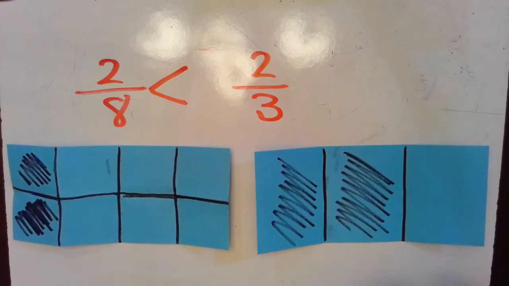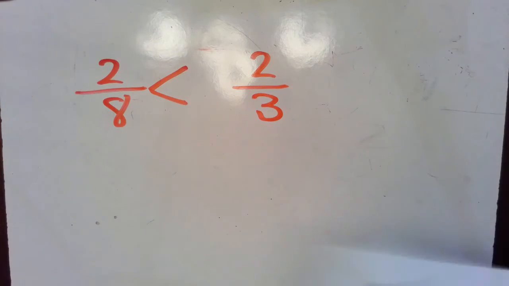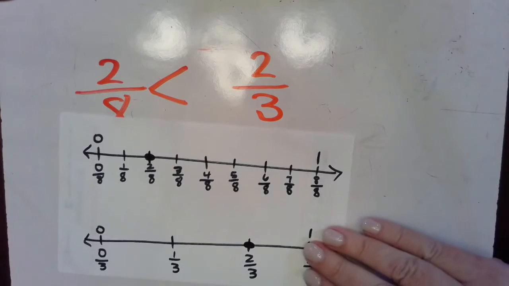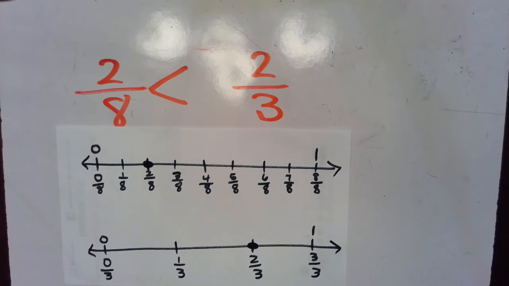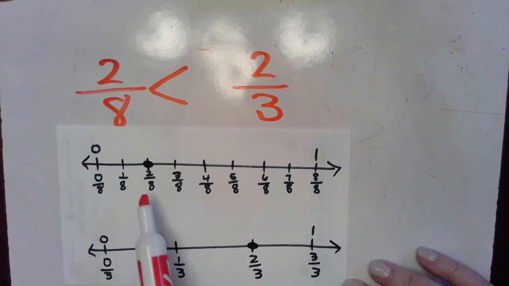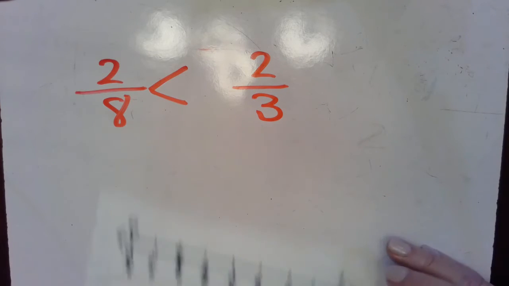Okay, so building those wholes is very important in knowing how big our pieces are. Okay, same problem, different visual representation. Here we're using the number line to show that 2/8 and 2/3 are in different spots on the number line, and that 2/3 is much closer to 1. So 2/8 is less than 2/3.